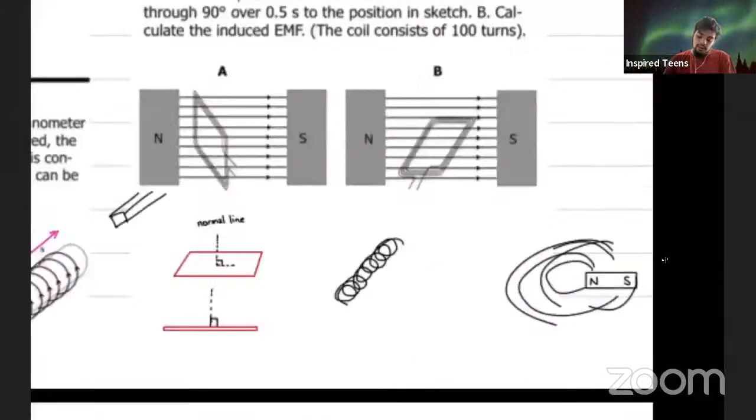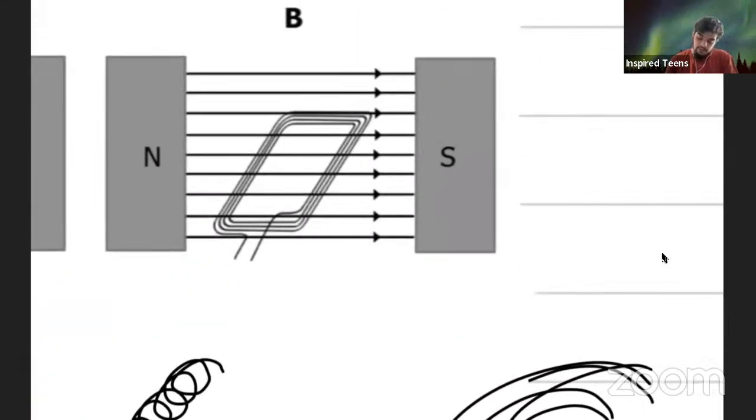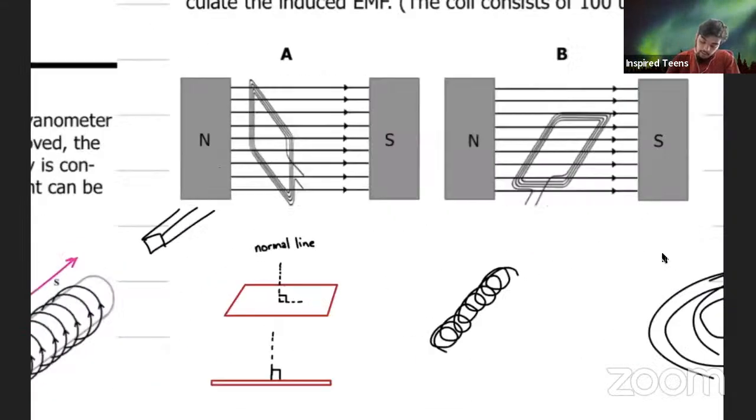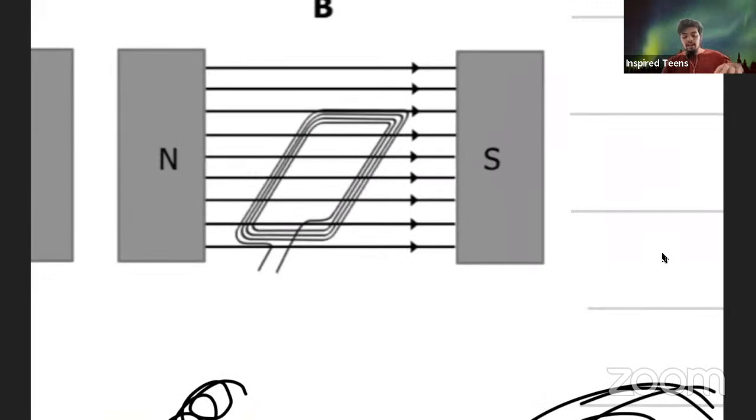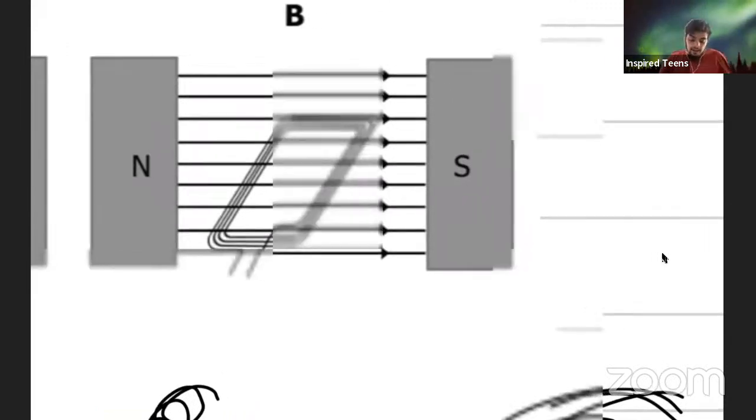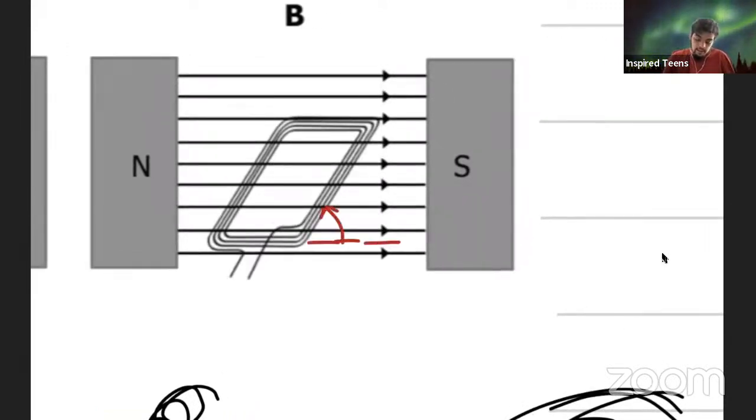Let's consider this example, which is very similar to this one. The reason they've drawn it angled is not that it's really skewed. This is completely flat, as if it's flat on a table.